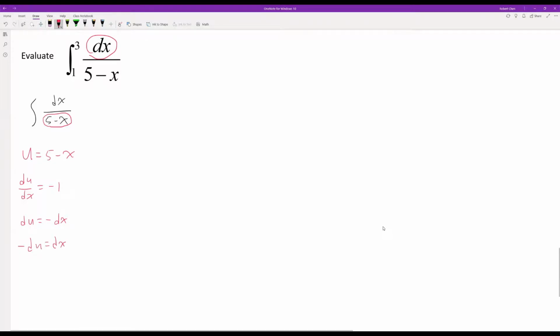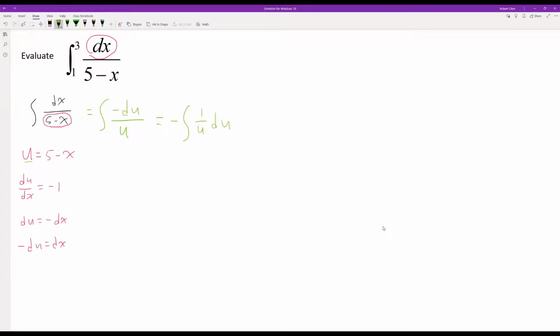Okay, let's go ahead and perform our substitution. Here, I can rewrite this integral as -du to replace dx, over 5 minus x, that's u. That's pretty simple and straightforward. Let's rewrite it a little bit. I'm going to bring out the negative sign, and then 1 over u du.